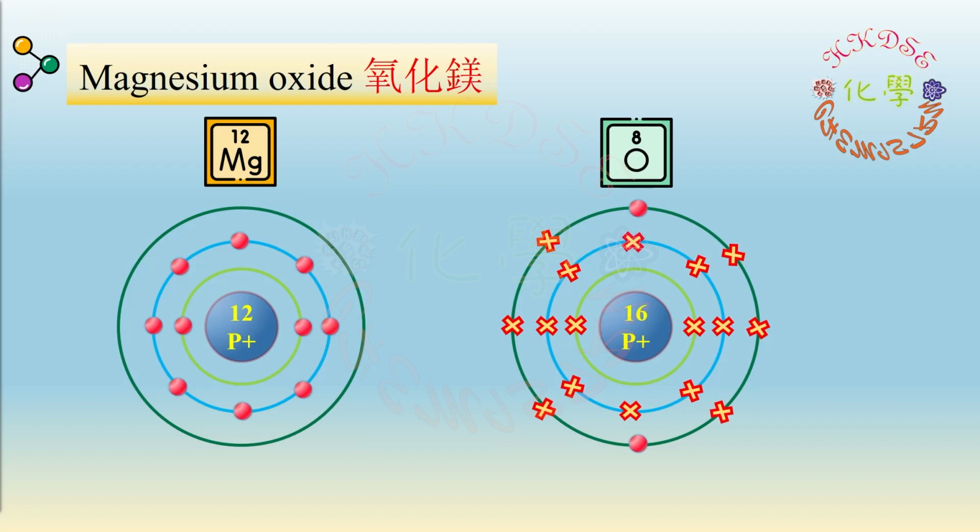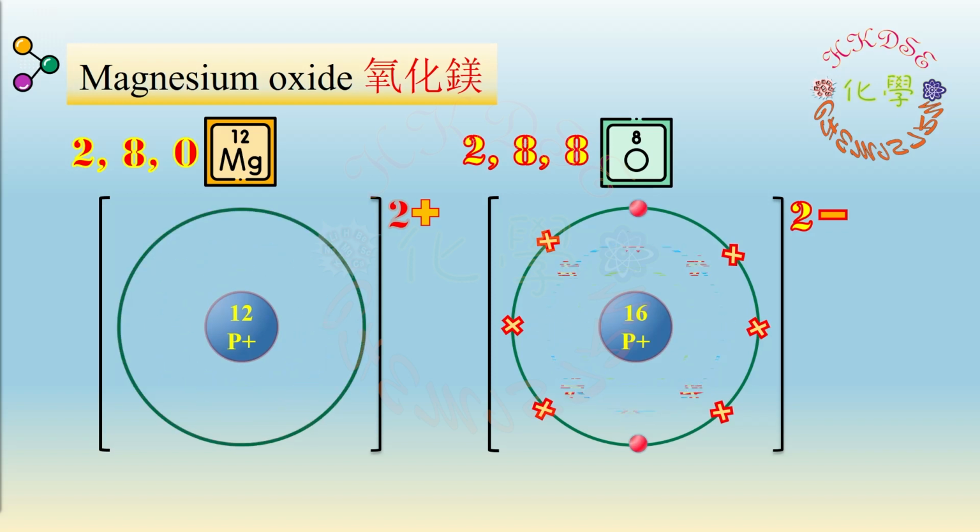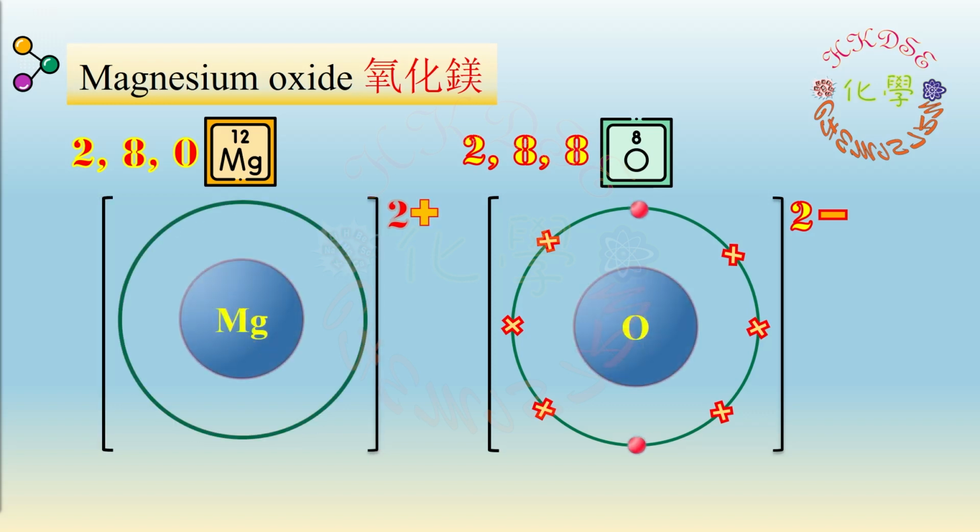As you can see, both the magnesium ion and the oxide ion have a full outer shell. They've achieved a stable electronic structure of a group 0 noble gas. Now we can also show this reaction using a dot and cross diagram like this. Remember that in a dot and cross diagram we only show the outer shells.